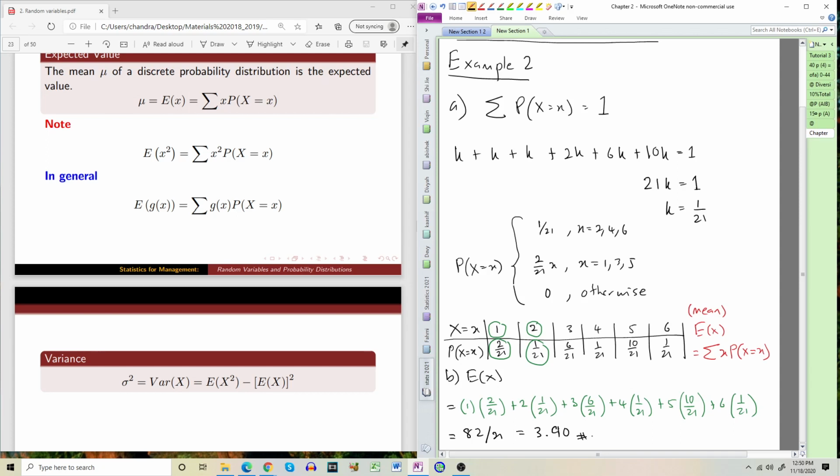This is how you find the mean for a given question.